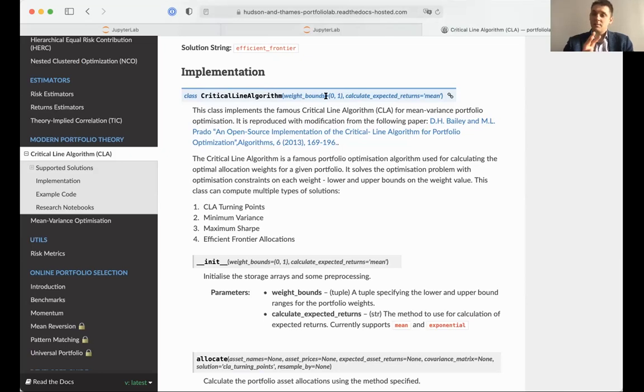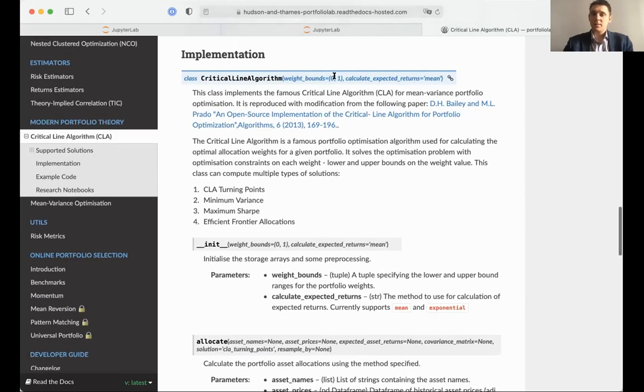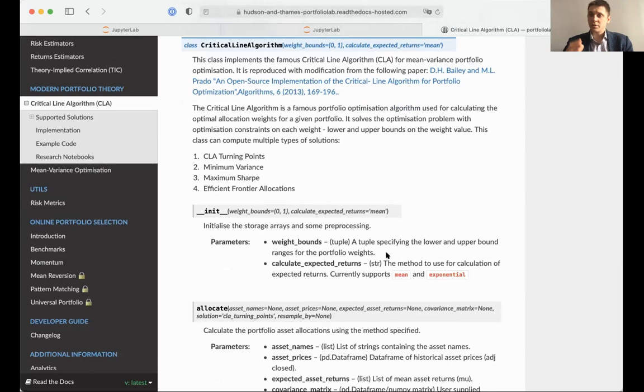These are the minimum and maximum weight for all your assets in your portfolio. The default value is 0 to 1, meaning that the minimum value for each asset weight in your portfolio is 0 and the maximum weight is 1. If you modify this parameter, you can modify either the minimum values or the maximum values of your asset weights.